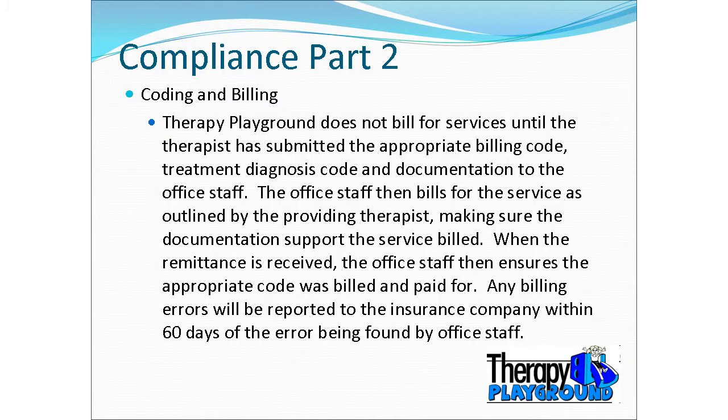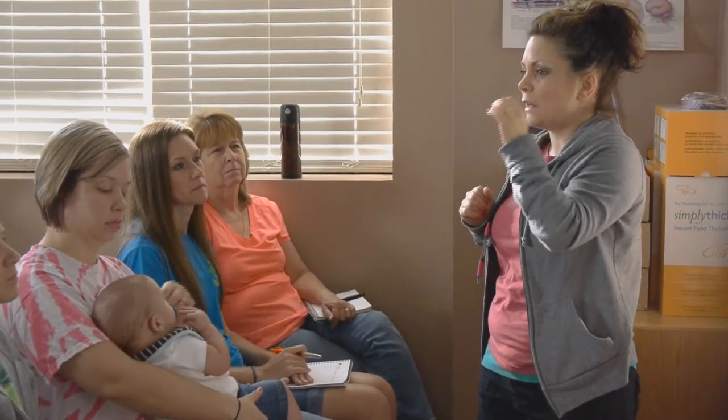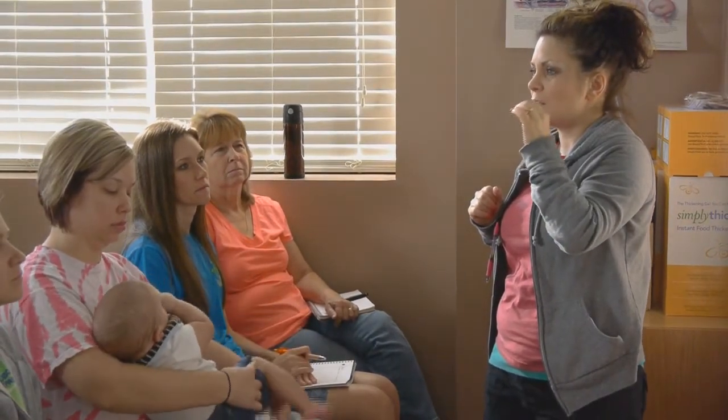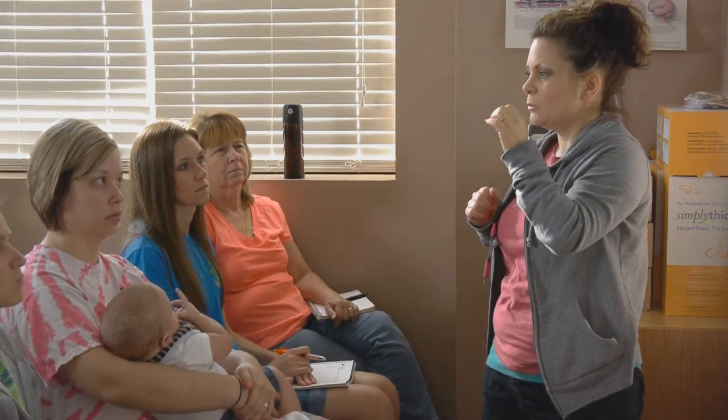When the remittance is received, Melissa, office staff, then ensures the appropriate code was billed and paid for. Any billing errors will be reported to the insurance company within 60 days of the error being found by the staff. That is the Office of the Inspector General policy. If we keep money that is not ours beyond 60 days, we are prosecutable.